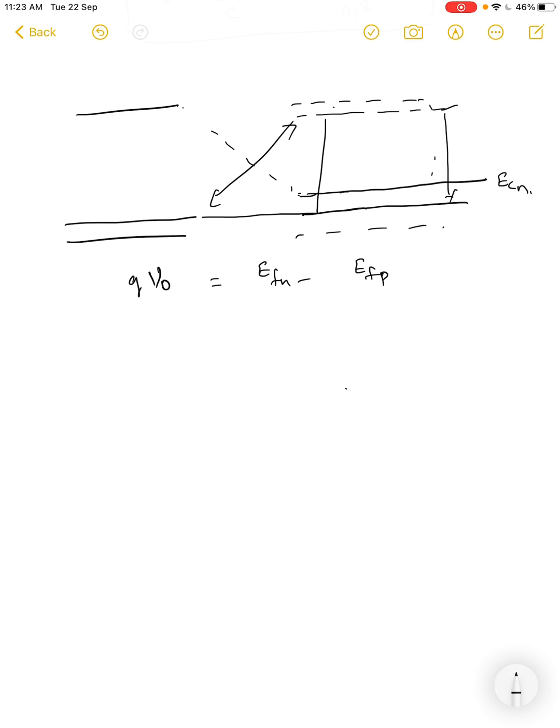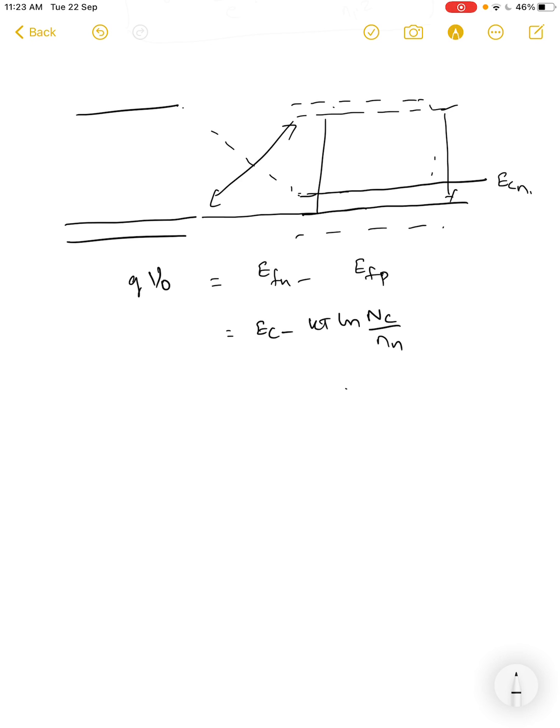Now how do we define this EFN? You know the carrier density, right? So basically EFN can be written as EC minus KT ln NC by Nn, NC being the effective density of states in the conduction band.